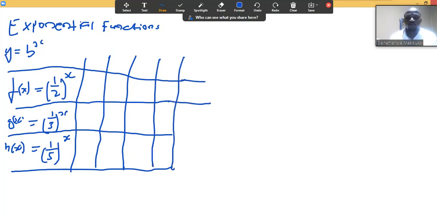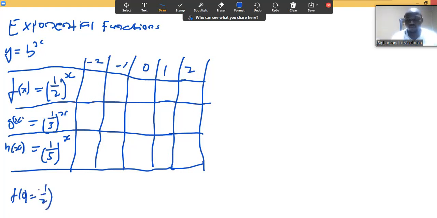Let's try to extend the table a little bit, so let's see if we have 0, 1, 2, minus 1, minus 2. If x is 0, for example, f at 0 would be 1 over 2 to the power 0. That would be just 1.